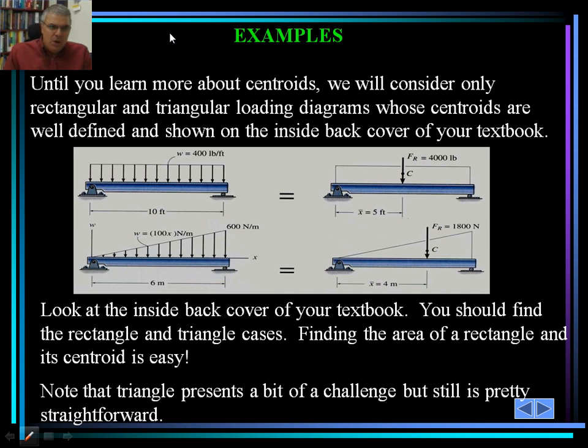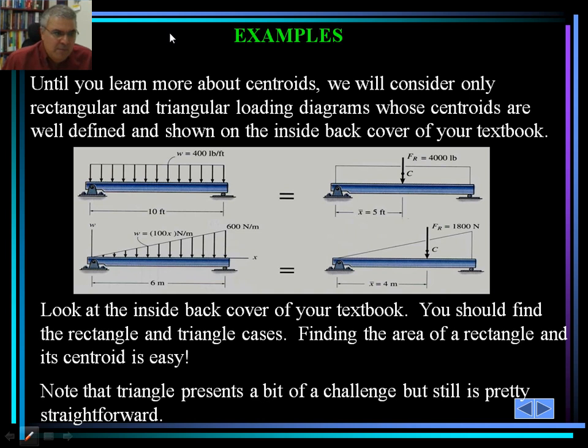The centroids are well defined. They are shown on the inside back cover of your textbook. If they're not, there are tons of resources available on the internet. You can use those, or simply let me know. I can provide you with some simple diagrams.